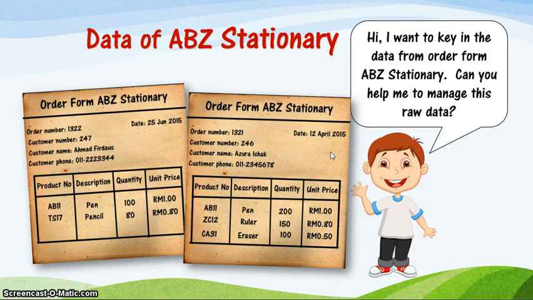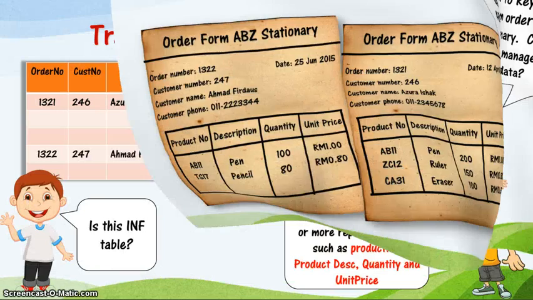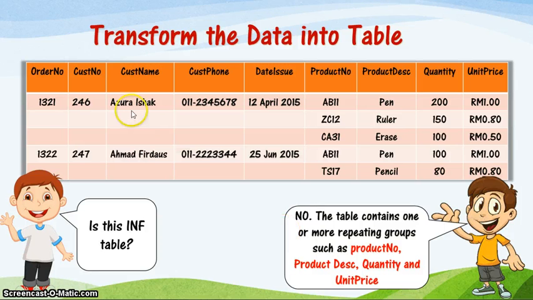So I think we can ignore it and not manage that raw data. We will take only the valuable data from the receipt or any form given to you. But in this case, all these data are very valuable, so you have to manage them. You have to transform them into the table.